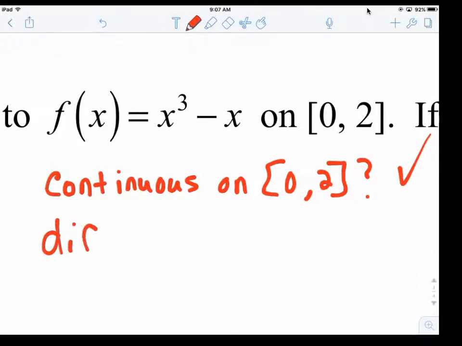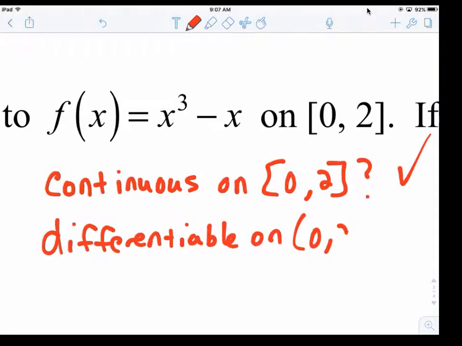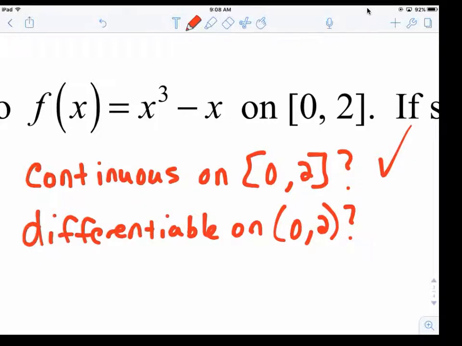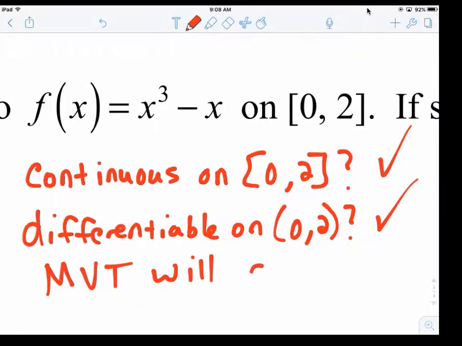And what about differentiable? That's a polynomial, right? So that means I can find its derivative really anywhere. Okay, so both of those check out, which is good. So that means that the MVT will apply.